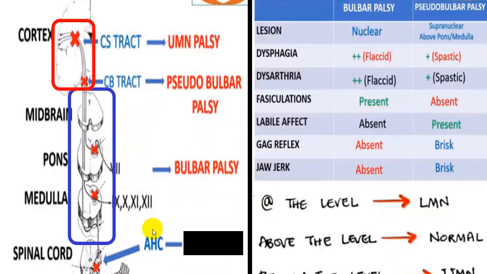And in the spinal cord, it will again be lower motor neuron. So in a bulbar palsy, it will be bilateral lower motor neuron. Here it will be on the opposite side. But when you get bilateral corticobulbar involvement, then you will have a pseudobulbar palsy. But if you get only one side corticospinal tract, it will be an opposite side upper motor neuron palsy.